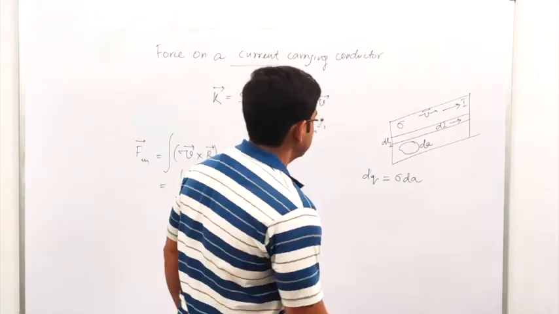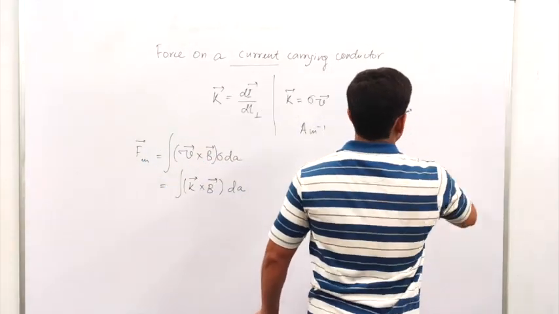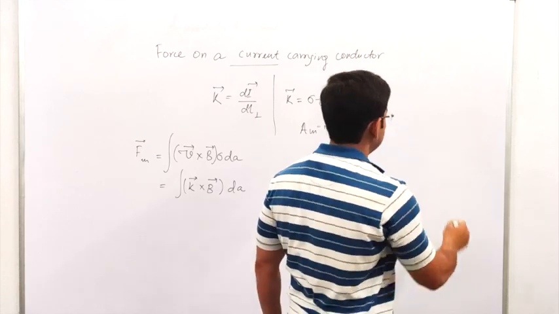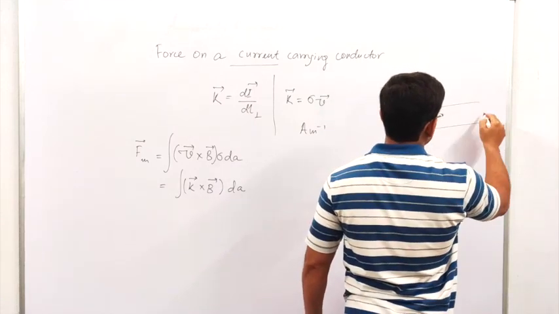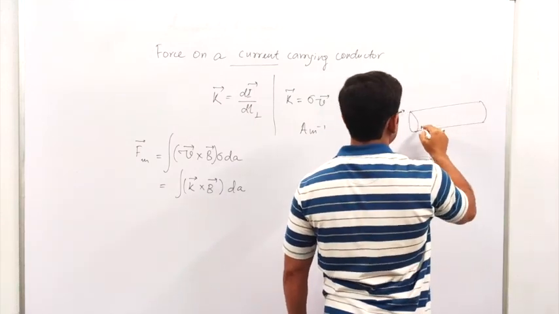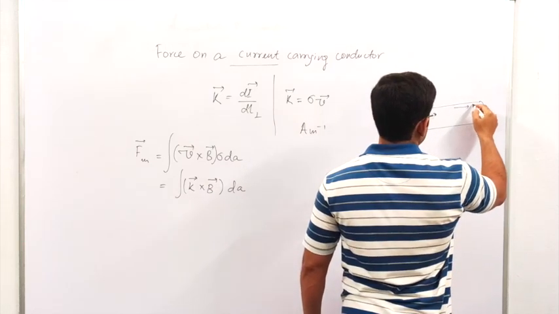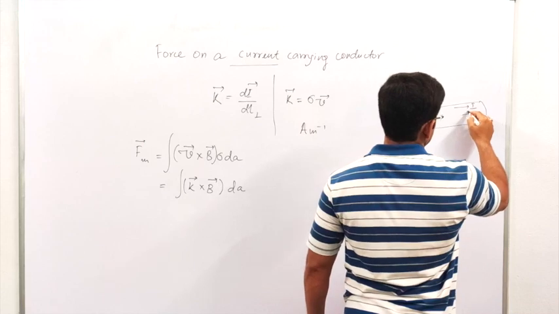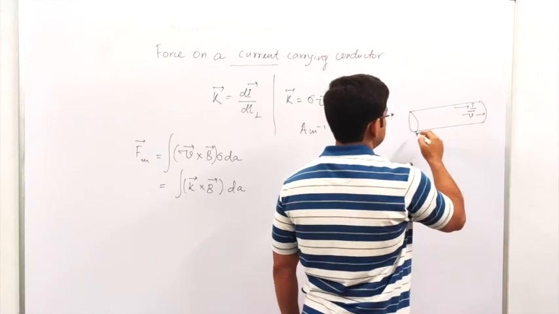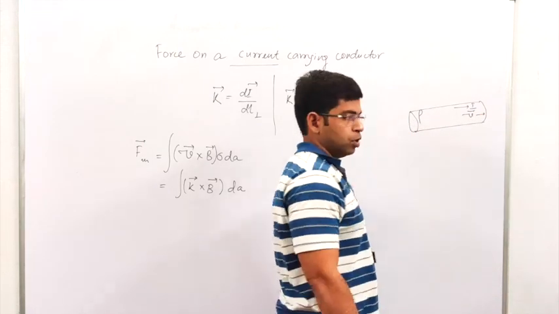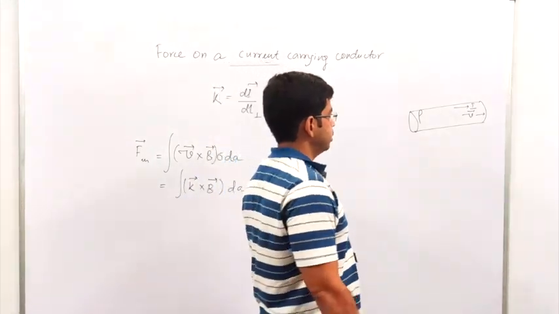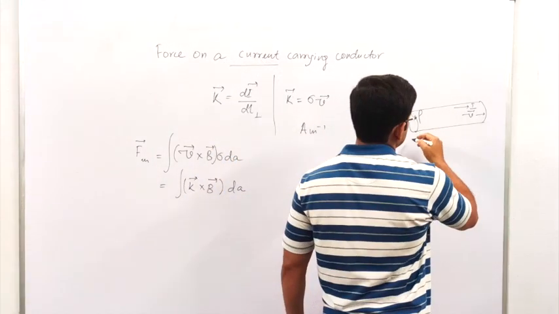Now in the three-dimensional case, let us consider again a cylindrical volume of conductor through which current I is flowing. Say v is the velocity of the charged particles, rho is the volume charge density at any instant due to the current.